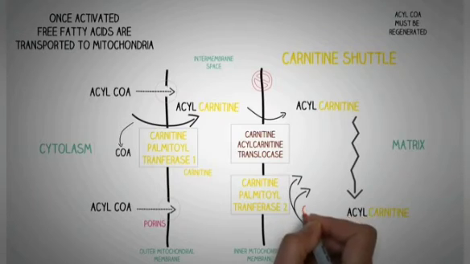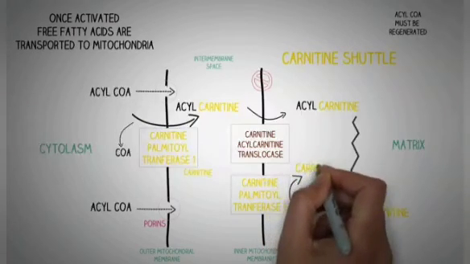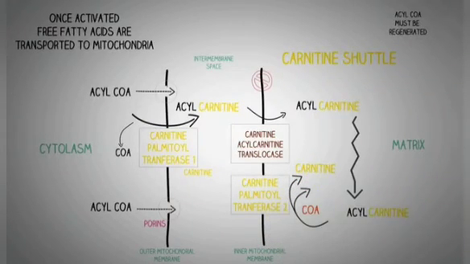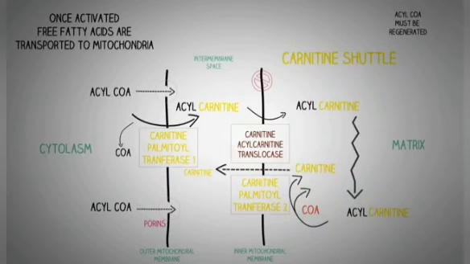This enzyme attaches coenzyme A again to the acyl molecule and regenerates the carnitine back. The carnitine that is regenerated back is transported again into the intermembrane space that can be utilized by the carnitine palmitoyl transferase 1.